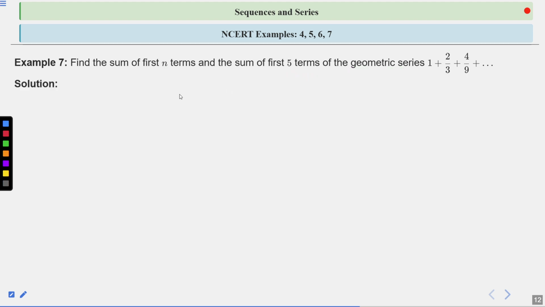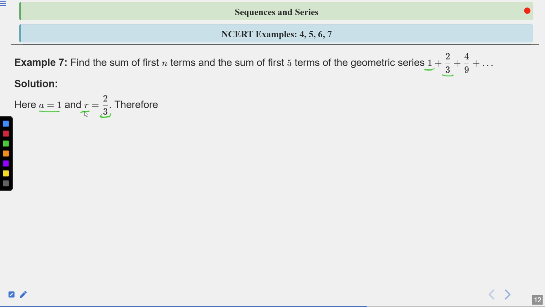So solution. Here the first term is 1. Now in order to get your common ratio R, you have to just divide this 2 by 3 by 1. So dividing 2 by 3 by 1, you will get your common ratio as 2 by 3. So this constant number is going to be your common ratio of your given GP.